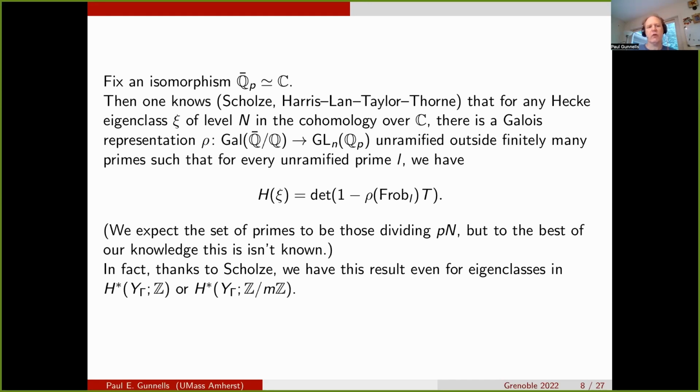One of the biggest obstructions to proving this was that we can compute Hecke eigenvalues because we have these locally symmetric spaces and the operators acting on them. So we certainly can make sense of the left-hand side, but to connect it to the right-hand side, you have to somehow come up with a Galois representation. In the classical case of the modular curve, we can do this because the modular curve is an algebraic variety, so we have its étale cohomology, which has an action of the Galois group.